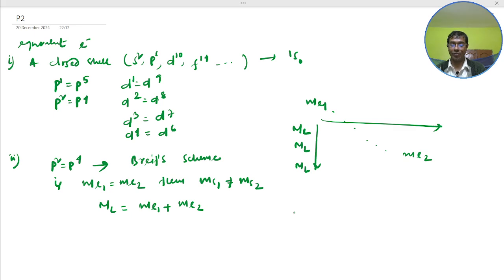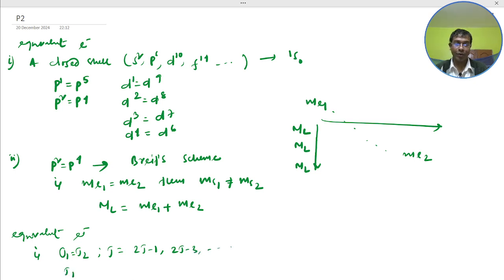And for the equivalent electron, if j1 is equal to j2, so J value will become 2j minus 1, 2j minus 3, dot dot, and for j1 not equal to j2, it lies between j1 minus j2 to j1 plus j2.